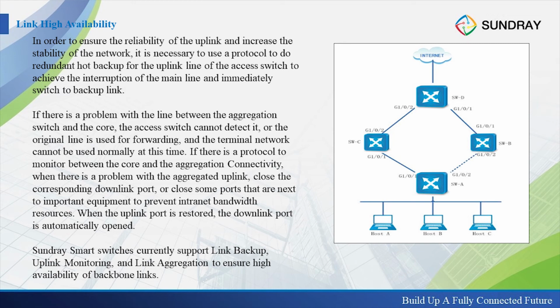For link high availability for Sundray, we now have three features. The first is link backup. The second is uplink monitor, and the third is link aggregation. So let's start with link backup.